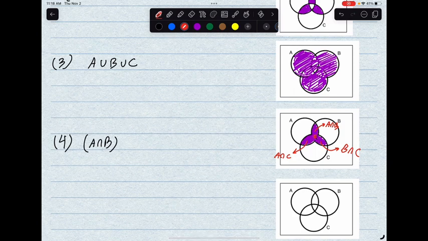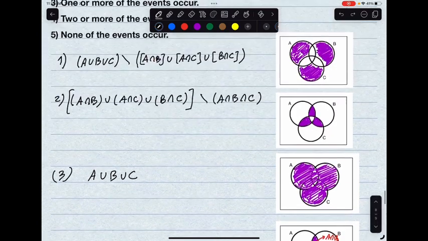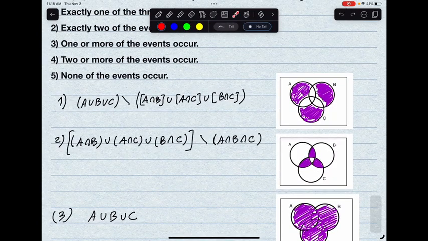This part is the intersection of all, which is included in all the 3 intersections. Now we don't need to write it separately, so we just have A intersection B union intersection of A and C union intersection of B and C, and this expression gives what we're looking for, where at least 2 events occur, at least 2 or 2 or more.